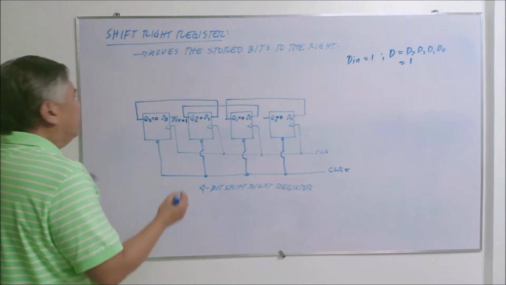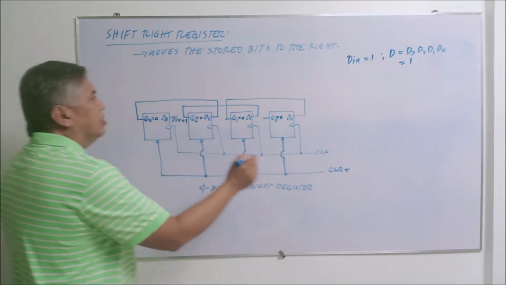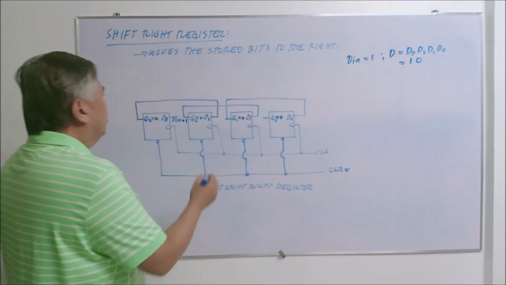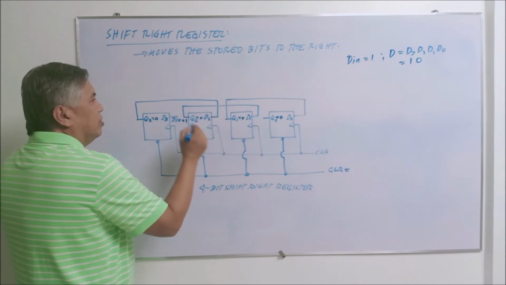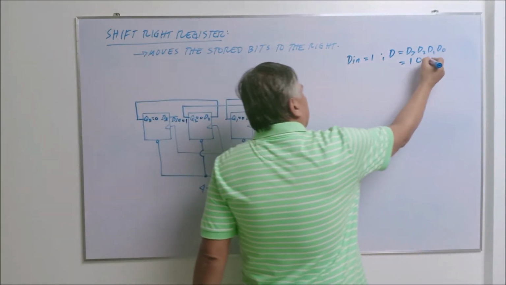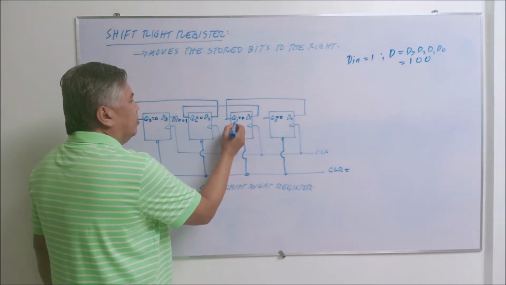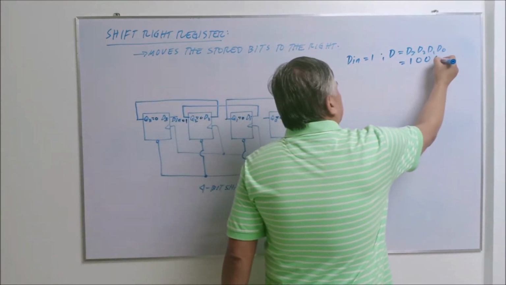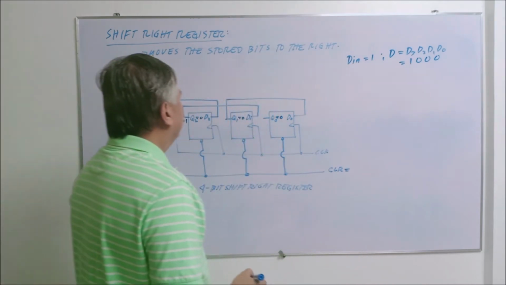D sub 2 is connected to Q sub 3, which is 0. D sub 1 is connected to Q sub 2, which is also 0. And D sub 0, which is connected to Q sub 1, is also 0. So that is the value of your D.